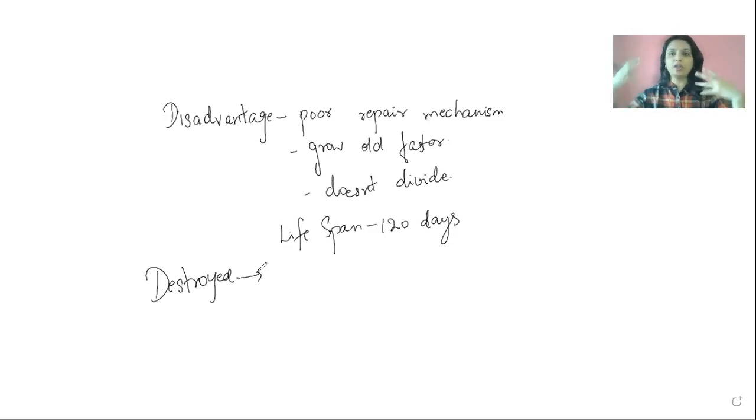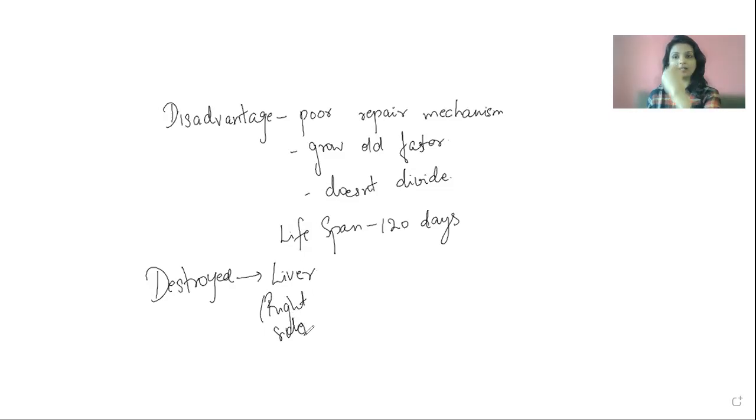So I hope you know, in the chapter on nutrition, you will have studied about the liver. The liver is present on your right side. All the blood cells on the right side go and get destroyed in the liver.